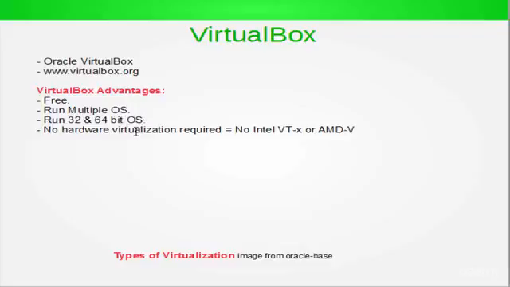And last but not least is that it doesn't require hardware virtualization, and this is an advantage for people who have PCs that don't have processors that support virtualization. They can install VirtualBox on their PCs and run more than one operating system at the same time. But now all of the new PCs have processors that support virtualization, either if the processor is Intel or AMD.